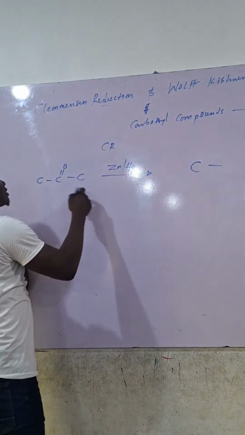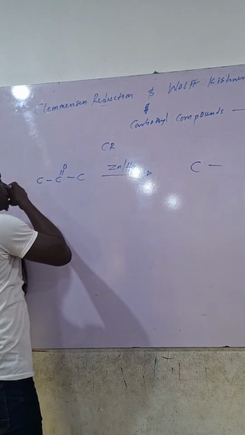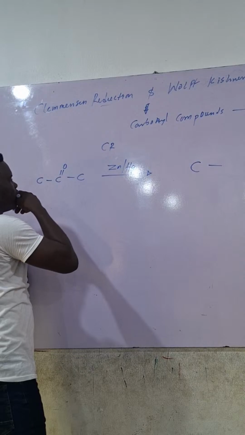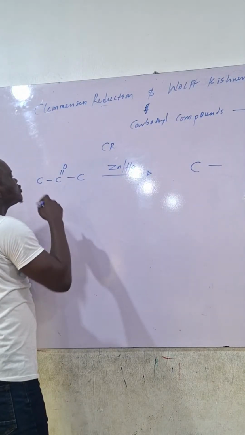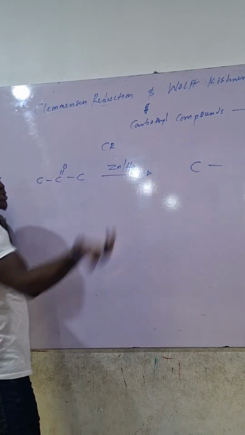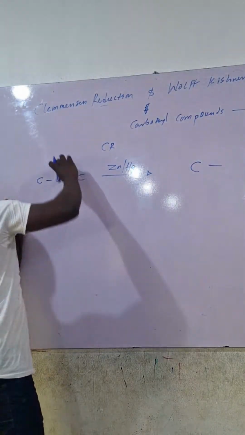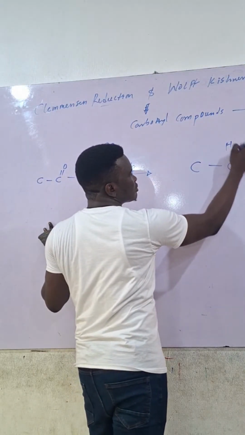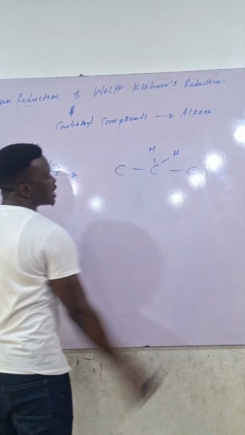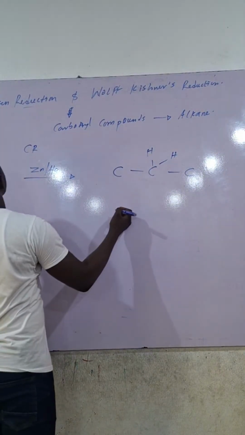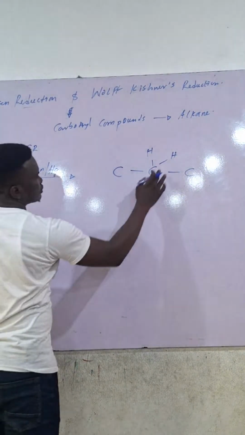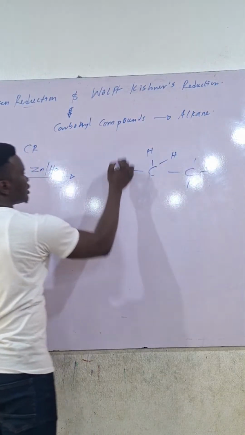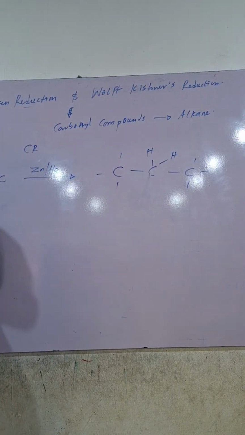So the thing is that you are just adding hydrogen to this compound with zinc amalgam. You remove the oxygen, reduction. When you remove the oxygen, then you add hydrogen. Then that's your product, and that is propane.